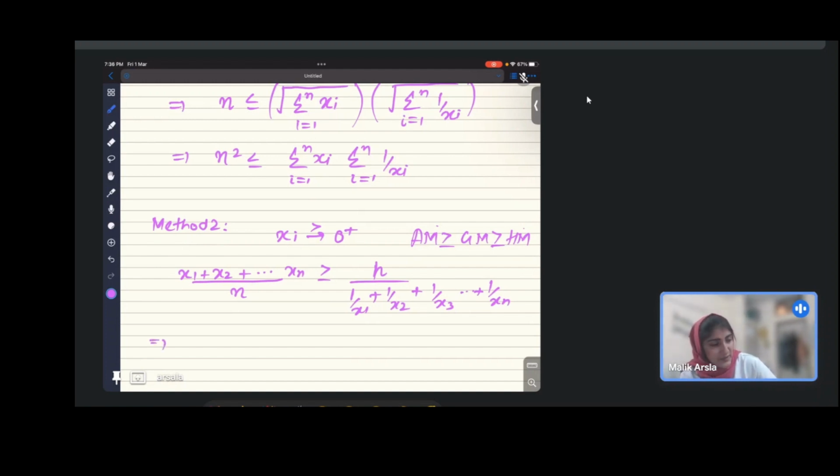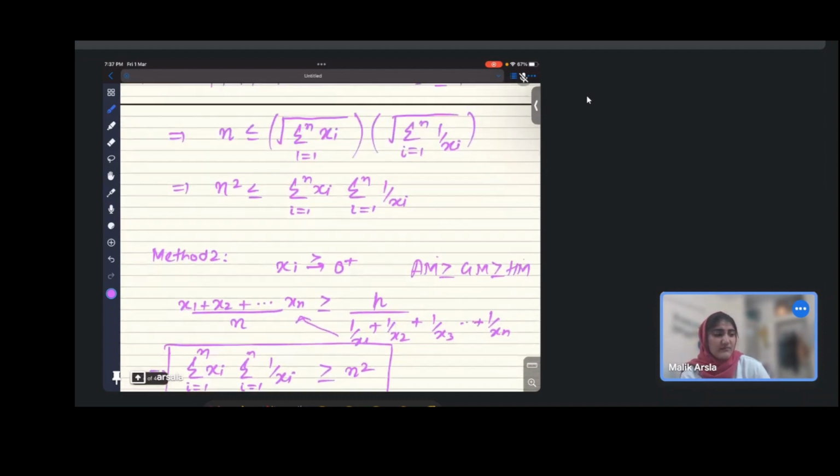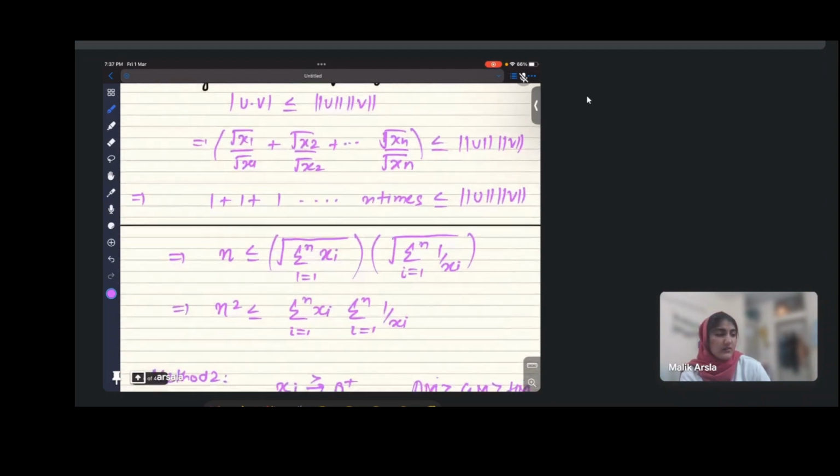From here, by cross multiplying, you get the summation of xi, i running from 1 to n, times the summation of 1 upon xi, i running from 1 to n. You just cross multiply, and on the right hand side it will be n square, right? So this is also how you can approach this problem. But since we are studying vectors, this will be a better approach.